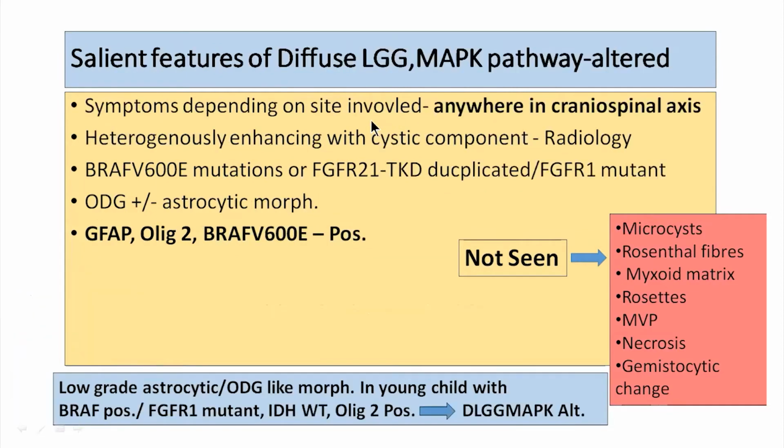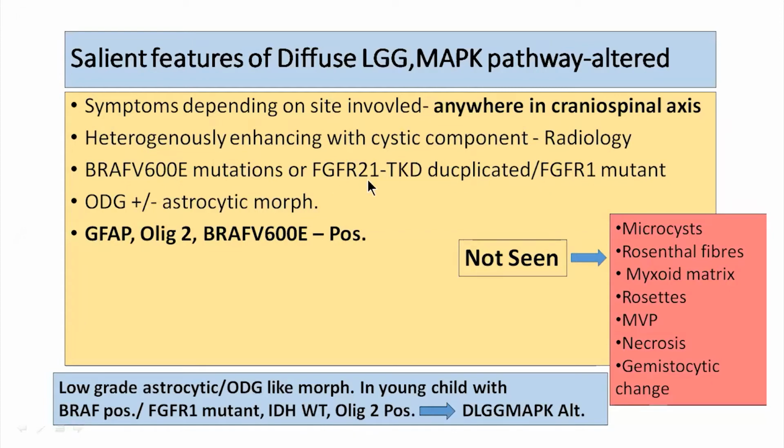Now, the last entity of pediatric low-grade glioma is diffuse low-grade glioma, MAPK. Symptoms depend on the site involved, anywhere in the craniospinal axis, unlike the previous three, which were in the temporal lobe and presented with epilepsy only. Radiology is not much significant, but yes, BRAF V600E mutation will be there, like in PLNTY, but the FGFR fusion will be different.